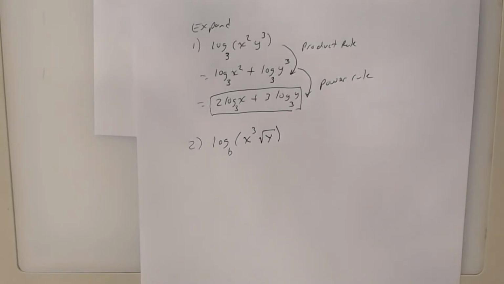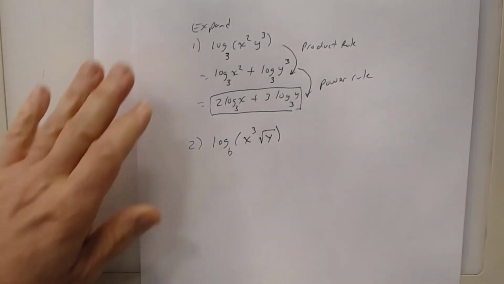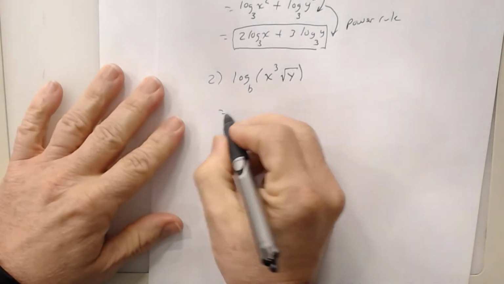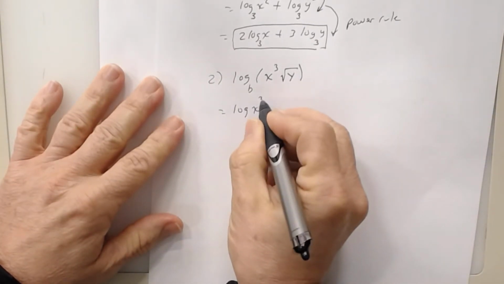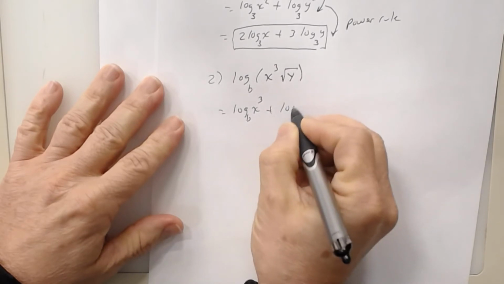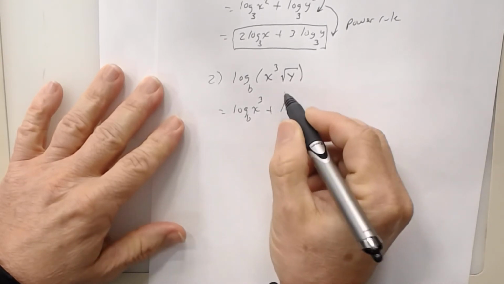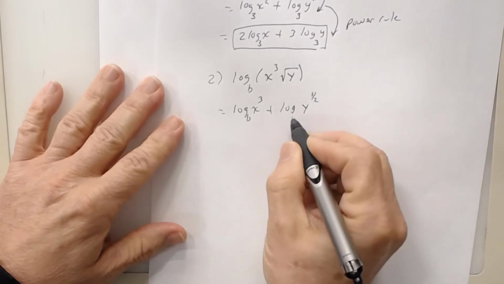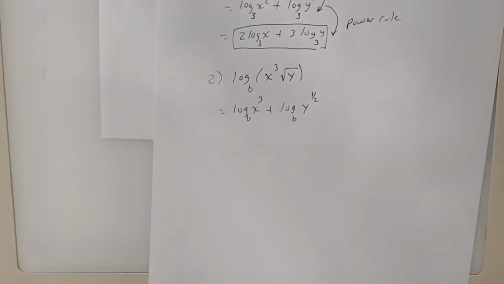Product rule. So that's going to become the log of x cubed base b plus the log of, now remember, square root of y, how you can write this? Y to the 1/2, base b. So product rule.